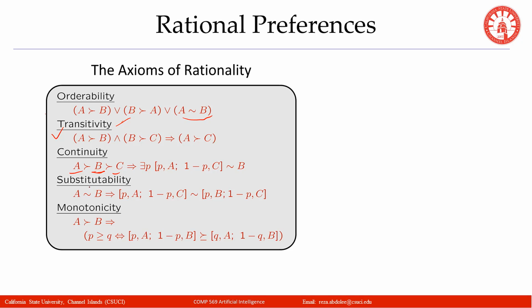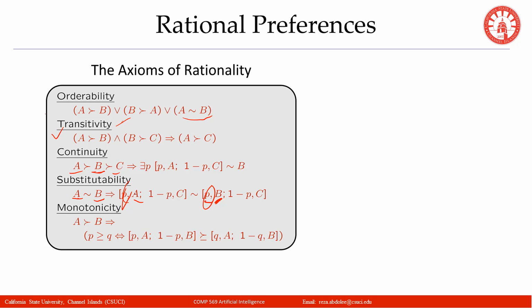All right, so substitutability. If you are indifferent between prize A or B, then there are going to be lotteries where A and B are involved with probability P, where you are also indifferent between those lotteries.